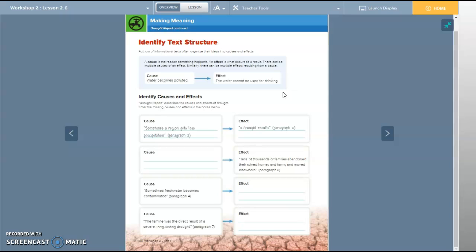One thing that we need to understand and know how to do is to identify cause and effect. A cause is the reason something happens. An effect is what occurs as the result. Mr. Calder was driving his truck way too fast around the corner, and it was icy outside.